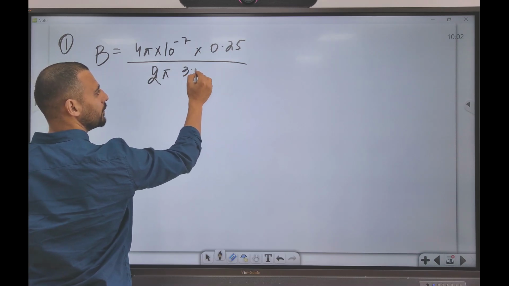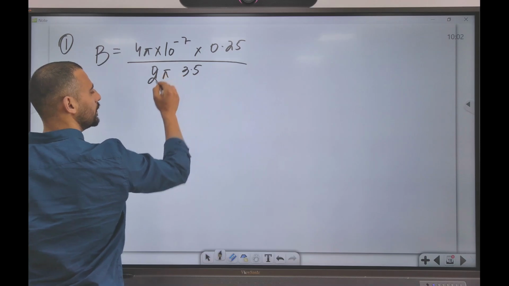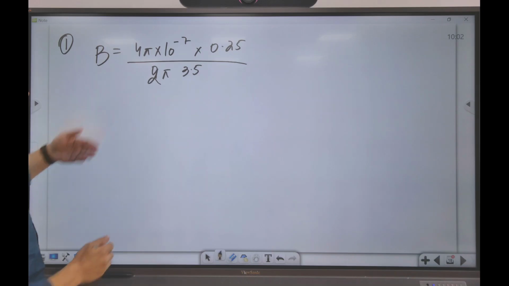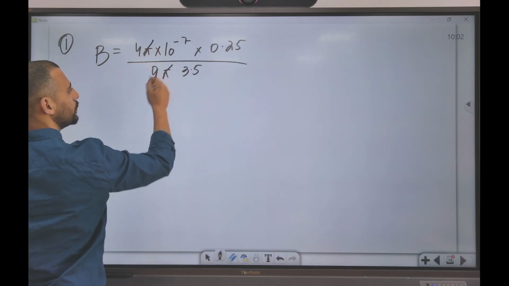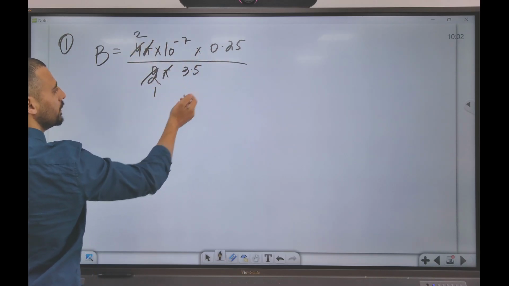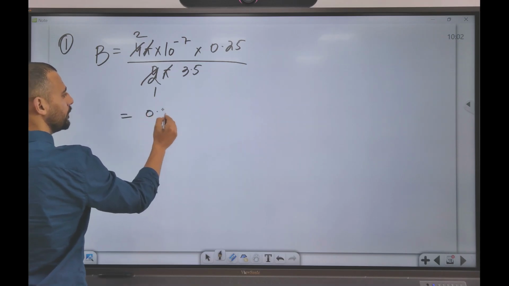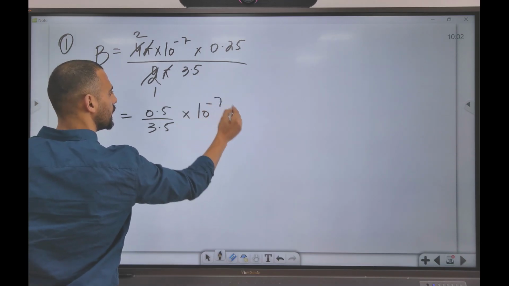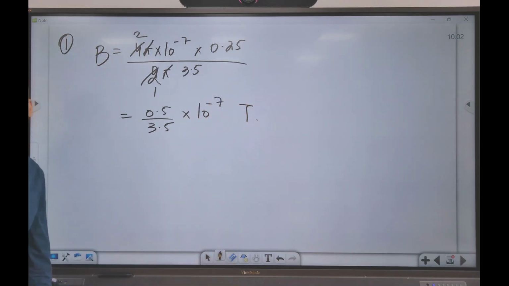So 2 and pi cancel, and it is 0.5 upon 3.5 multiplied by 10 to the power -7 Tesla.